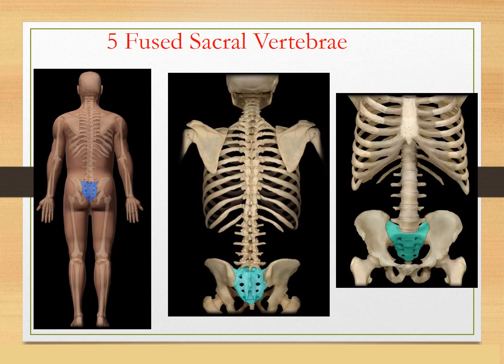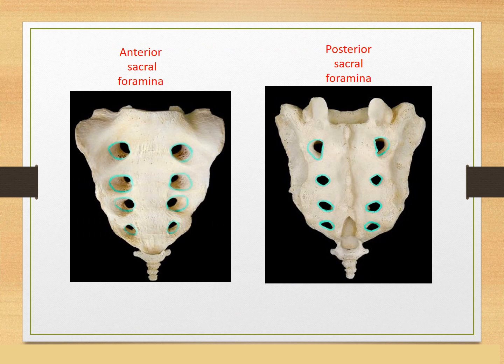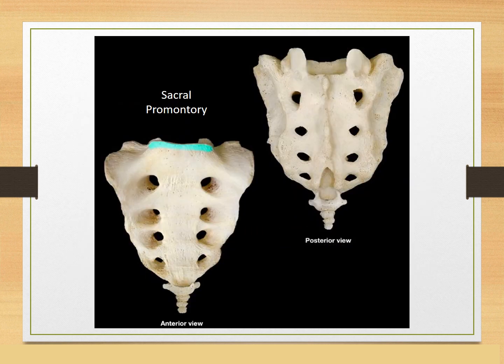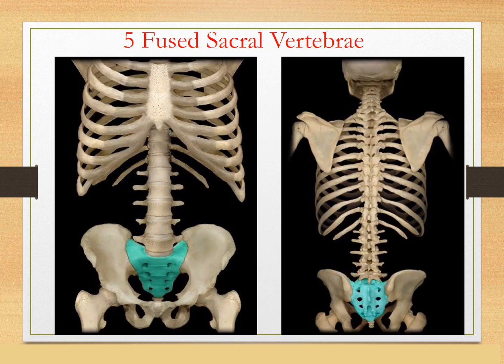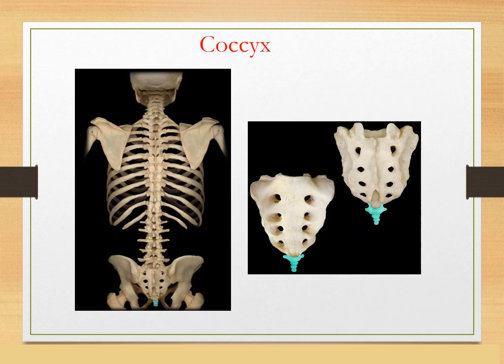Here you can see how the sacrum articulates with the vertebrae and the ilium, or hip bones. This slide shows the coccyx attached to the sacrum.